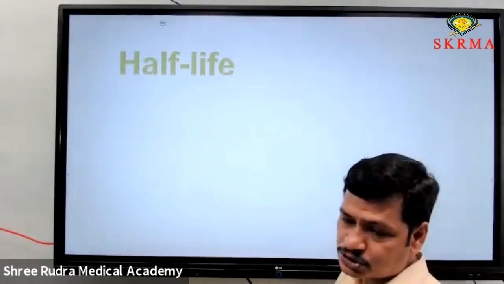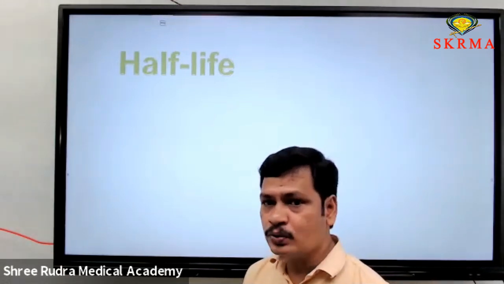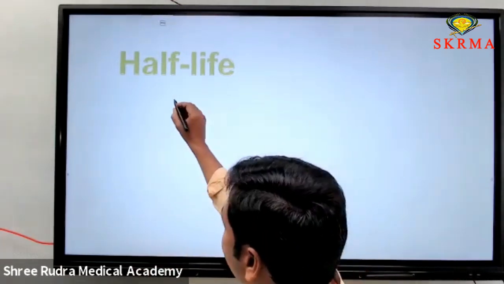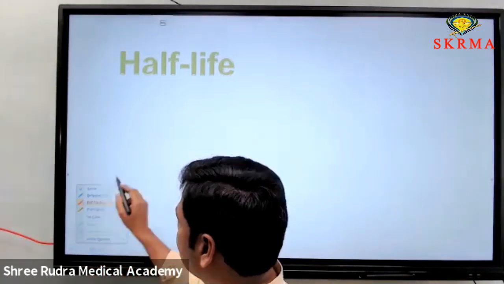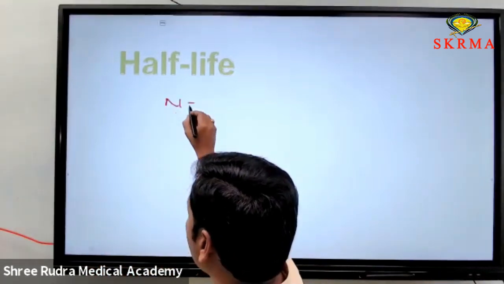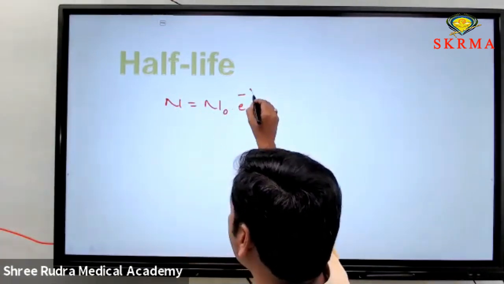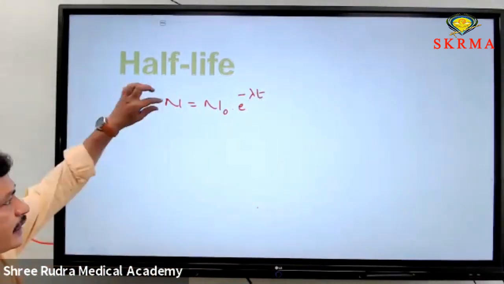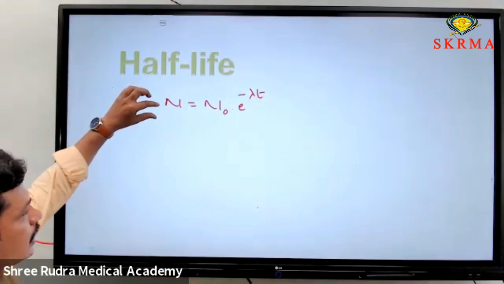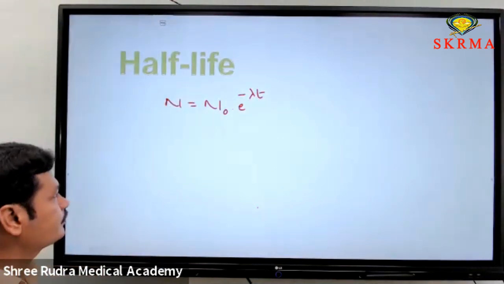From this observation, we can calculate what the half-life is and how we can derive the equation. Basically, we have the equation N equals N naught into e power minus lambda t. Here N is the number of nuclei left after time t, and N naught is the initial number of nuclei.